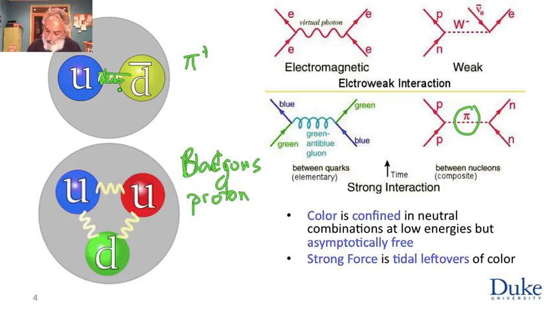Well, the bosons that mediate the weak interaction are strange. They're called the W and Z bosons. They, first of all, carry electric charge. The Z is neutral. The W plus and W minus carry electric charges. This means that the exchange of a W minus, for example, can cause a neutron to change into a proton.